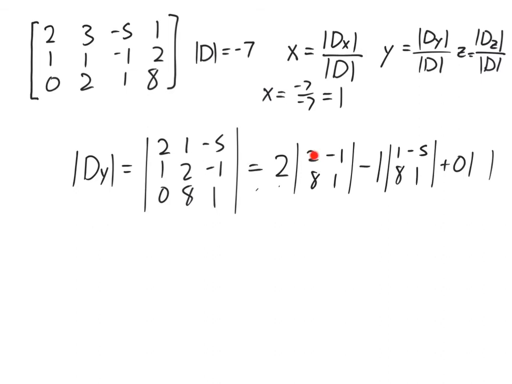So 2 minus a negative 8, so 2 plus 8 is 10, so that's 2 multiplied by 10, minus 1 multiplied by 1 minus negative 5 times 8, so that's negative 40. So it's 1 minus a negative 40, so 1 plus 40 is 41.